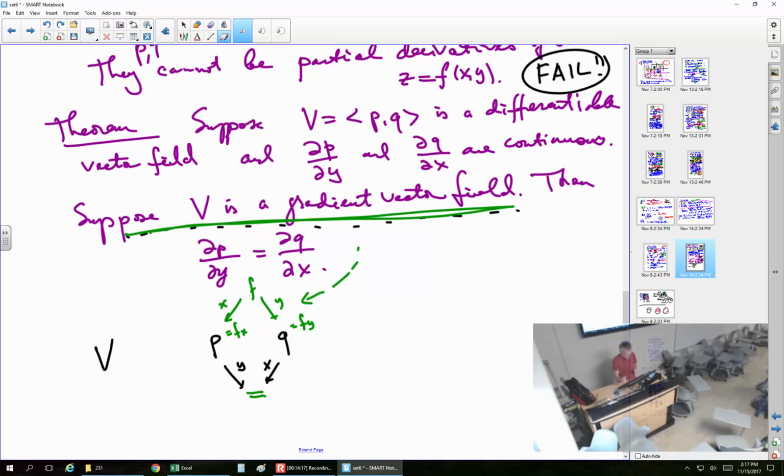Okay, so suppose we have a vector field V, and now it is three-dimensional, so it will be P, Q, and R. And they have partial derivatives of all kinds, so every one of them has three of them. x, y, z, x, y, z, x, y, z. Okay, so once again, this is my vector field. Three arbitrary functions of three variables make it up.